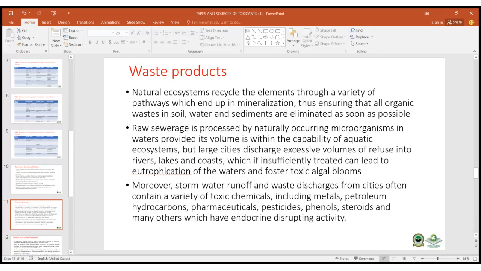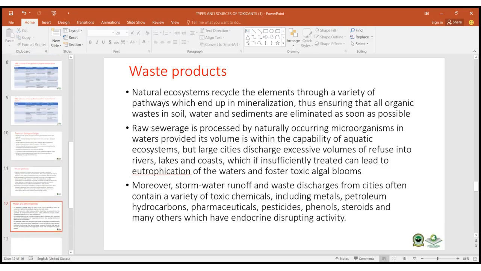If, for instance, somebody comes in contact with them, and they move into the system of that person, it is going to cause some problems. So those are toxins from waste products.